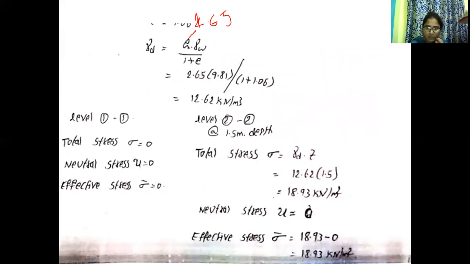And here pore water pressure is there. The first layer will be dry condition. That's why pore water pressure is equal to 0. Finally, sigma dash is equal to sigma minus u. 18.93 minus 0, we will get 18.93 kilonewton per meter square. And in the third layer, saturation condition, so unit weight of water will be there.